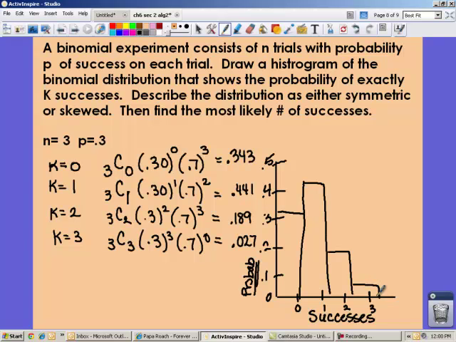Okay, so you have your histogram now, and it says describe whether it's symmetric or skewed, and I would say that this one was definitely skewed to the left. And then it says find the most likely number of successes. Well, it would be this area right here. So the most likely would be 1.